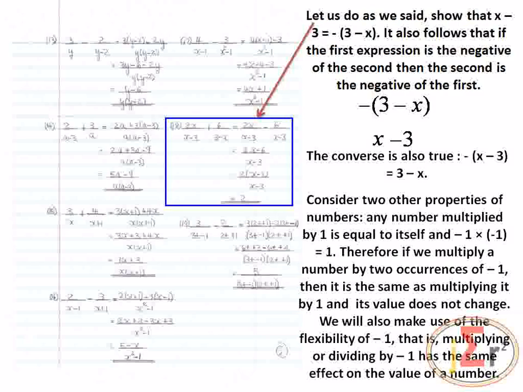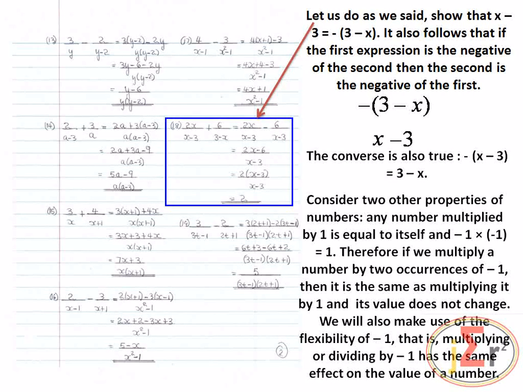Also, negative 1 multiplied by negative 1 is equal to 1. Therefore, if we multiply a number by two occurrences of negative 1, then it is the same as multiplying it by 1, and its value does not change.